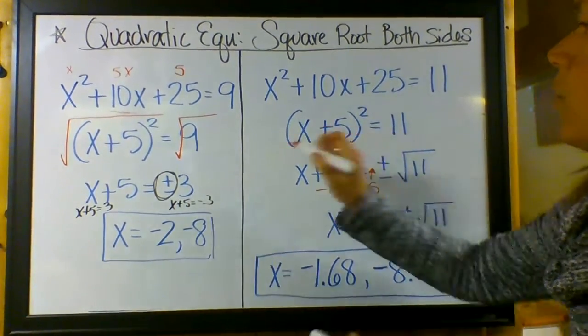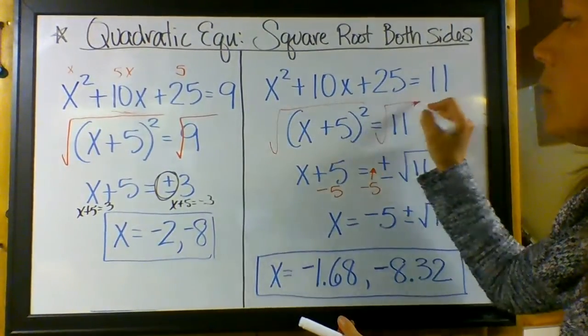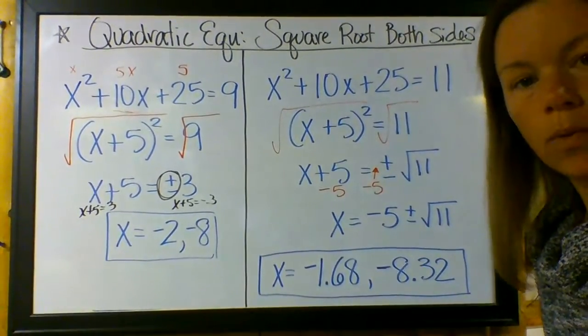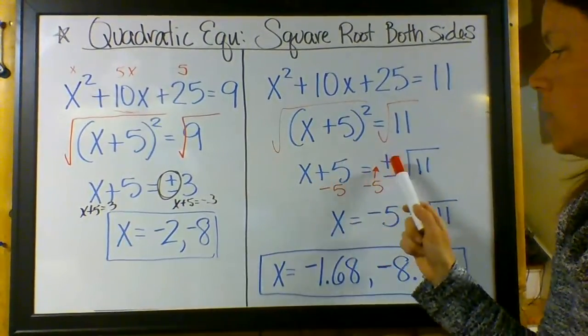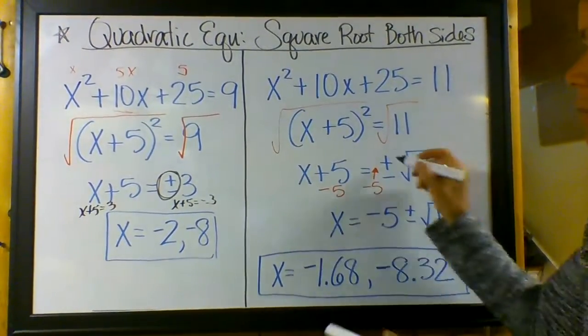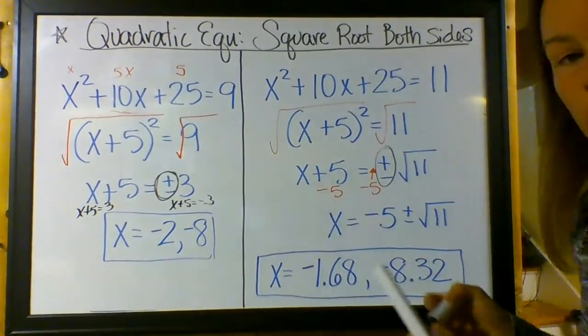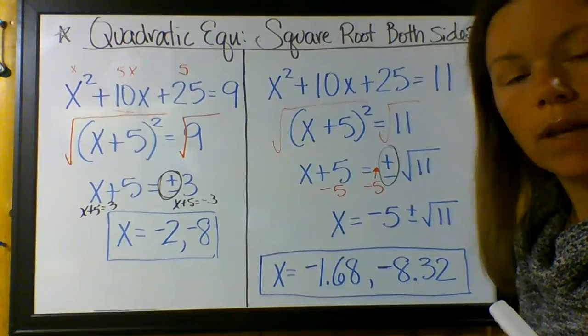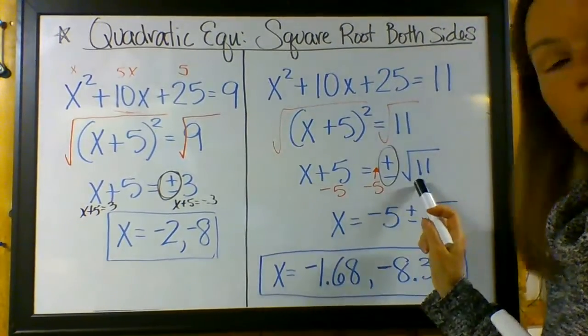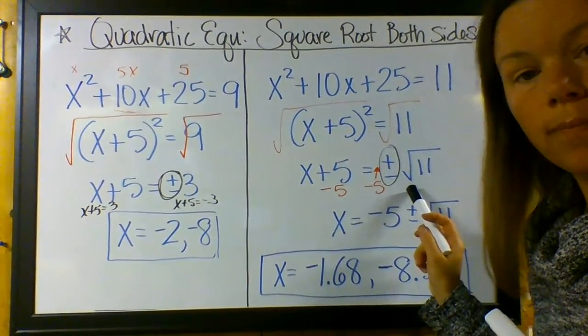I take the square root of both sides here, right? This is my job, take the square root of both sides. And so I did that, and I got x plus 5 equals, again, we've got this plus or minus here, which is really important. Plus or minus, or positive or negative, square root of 11. And I can just leave it like that right now, square root of 11.